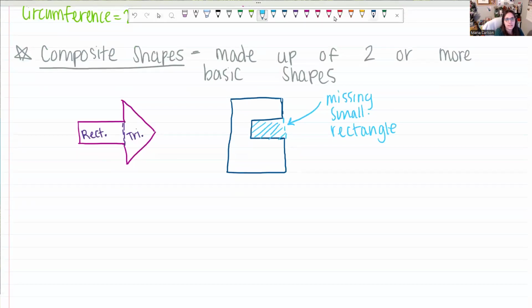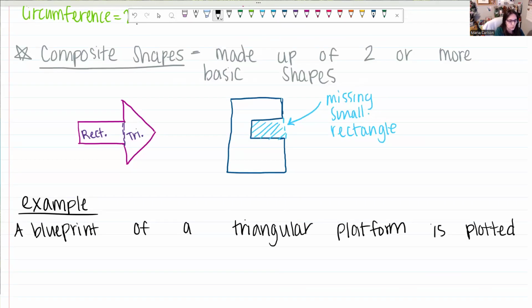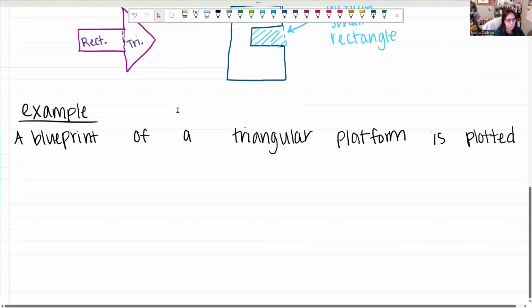All right, let's do one example together in this video. I don't need to number it, it's just one example. A blueprint of a triangular platform is plotted with coordinates.